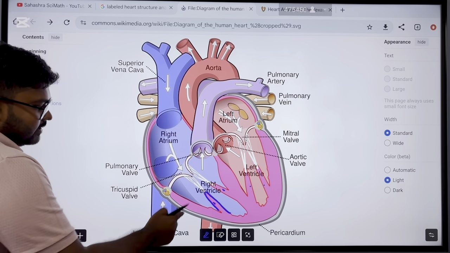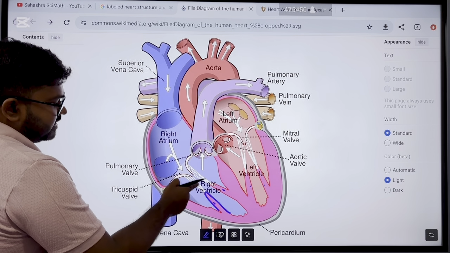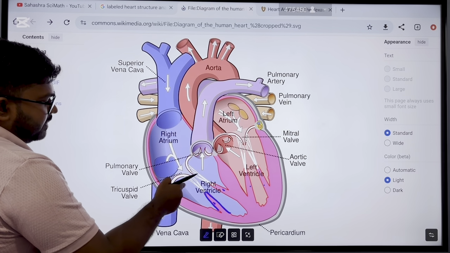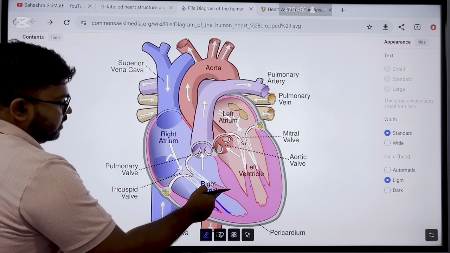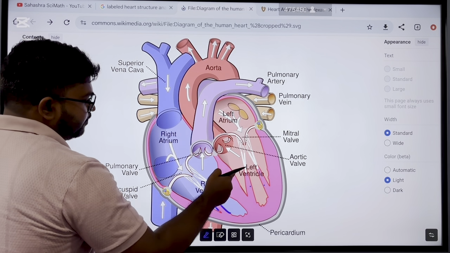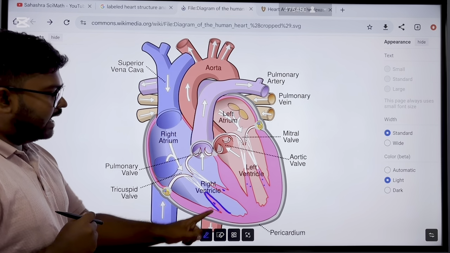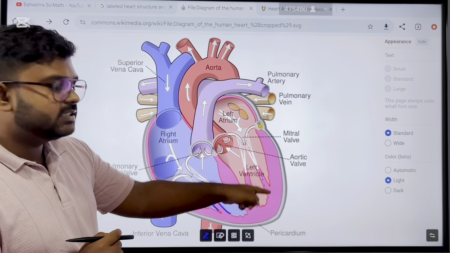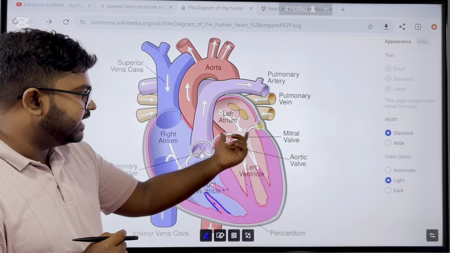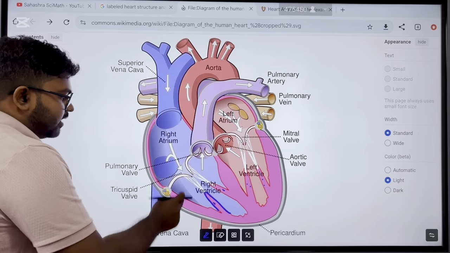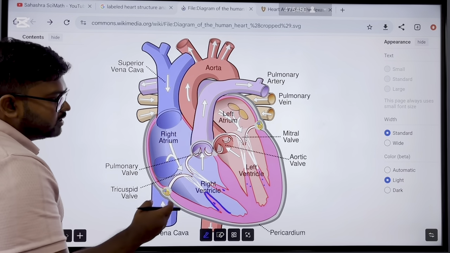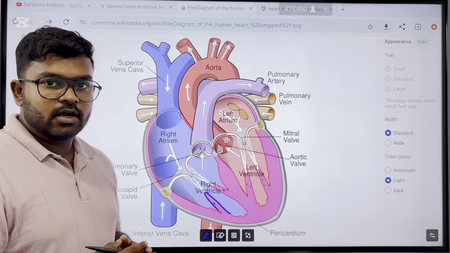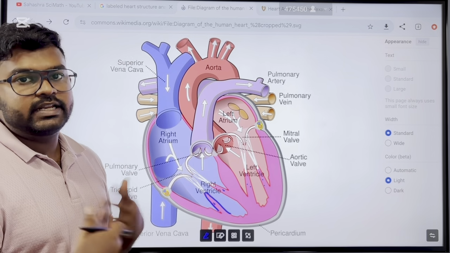There are structures which connect the cusps of the tricuspid valve to these papillary muscles. These are tendon-like structures connecting the papillary muscles to the cusps of the valves. These structures are called chordae tendineae, or tendon cords.